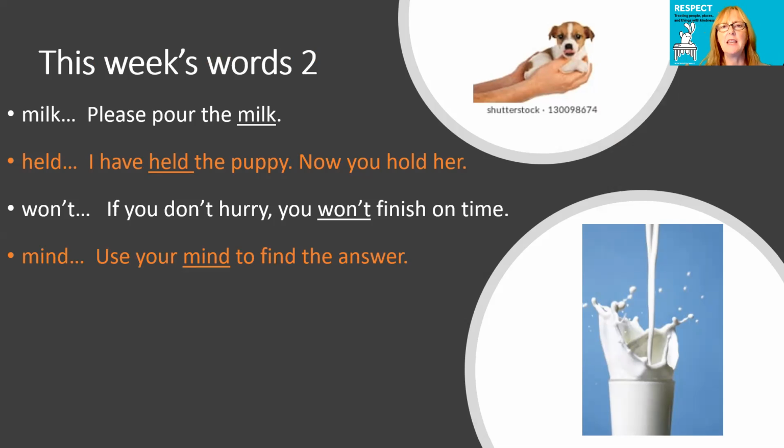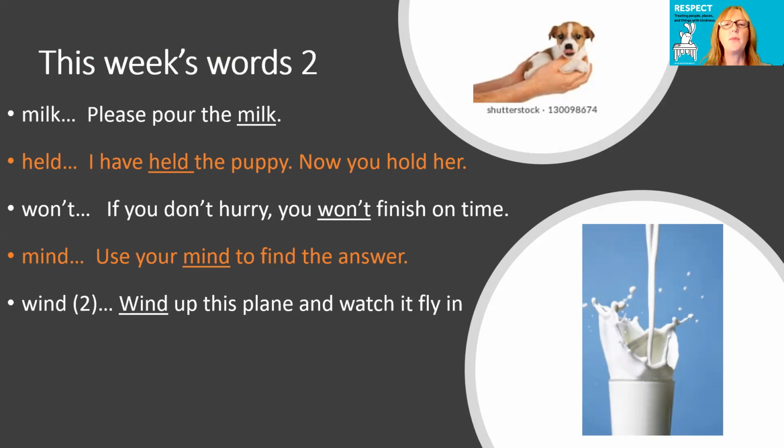Mind. Use your mind to find the answer. Mind and find both have that same IND ending. There, I should have underlined find, right? Now, this word has two pronunciations. Wind up this plane and watch it fly in the wind. So one wind is like mind and find, and the other is spelled exactly the same, but we use the short letter I. How will you know which one to use?